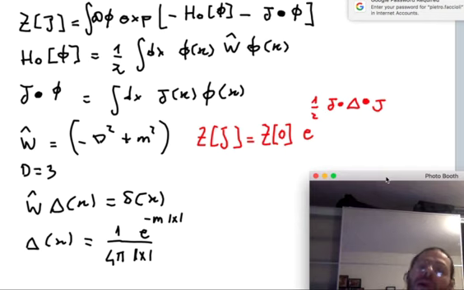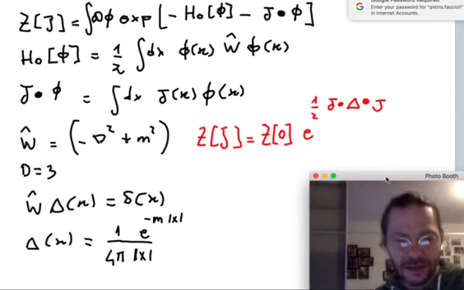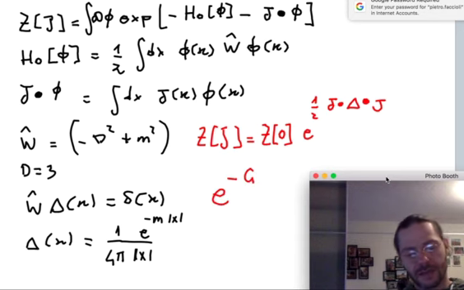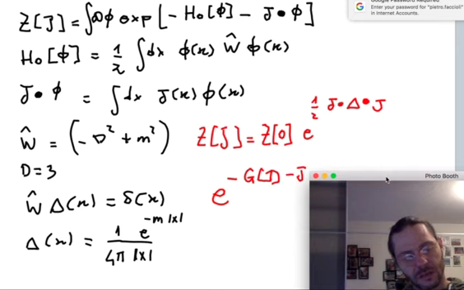Now, you can physically interpret this formula by saying that, if I remember that the partition function is related to the free energy, I can relate this to the shift in free energy associated with switching on an external source.